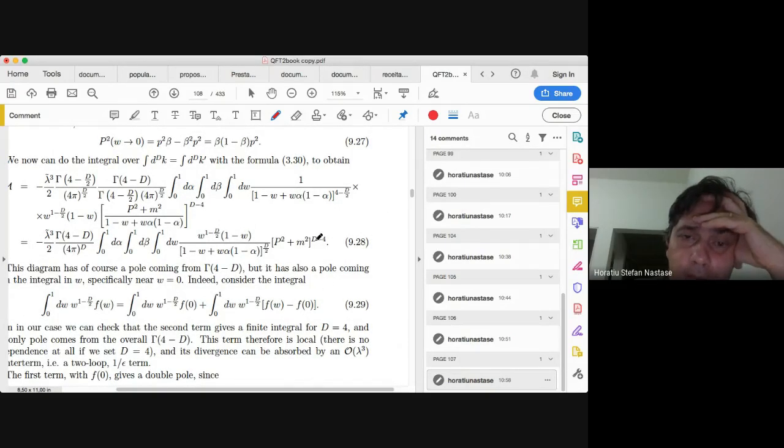Oh, sorry. Yeah, the power. The power here is d minus 4. That was the point. So this depends on p, but the power here is d minus 4. So when I put d equal to 4, well, more precisely, d equal to 4 minus epsilon, then this goes to the power epsilon.